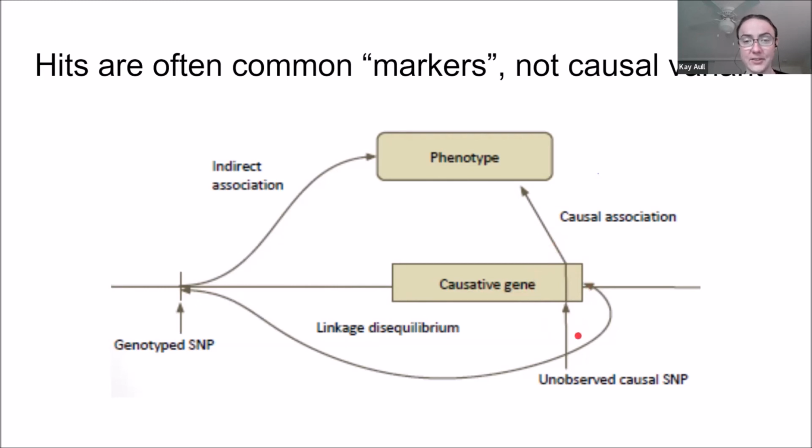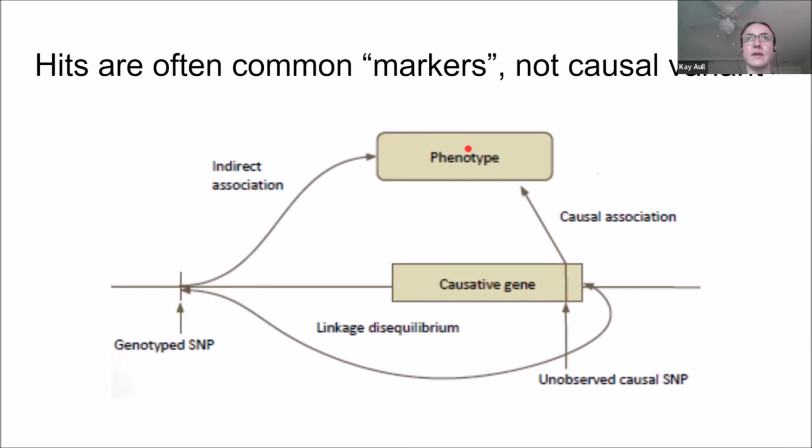And so it's this causal SNP that is actually doing the phenotype. It's actually having the effect that you observe. And so you can see, oh, this SNP that you're genotyping has an association with the phenotype. But that is an indirect association. And what's really happening is the genotyped SNP is attached to this causative SNP, and the causative SNP is doing the thing with the phenotype.